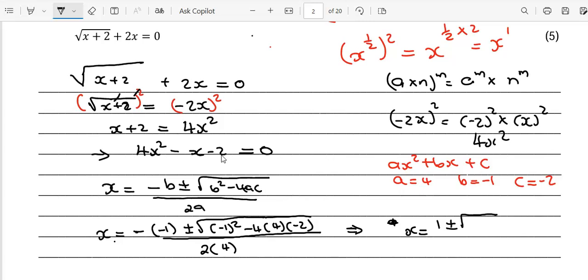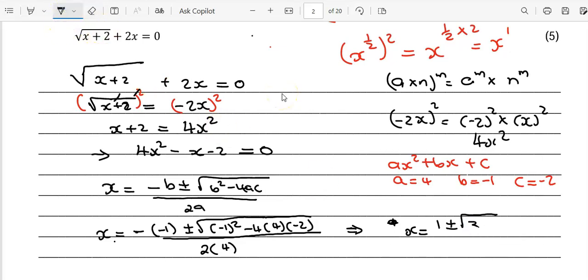Then we have 4 times 4, which is 16. Then 16 times 2 is 32, but the negative cancels. So basically we have 1 plus 32 inside the square root. Just to save time, can we just say this is 33? I'm going to write that as 33.